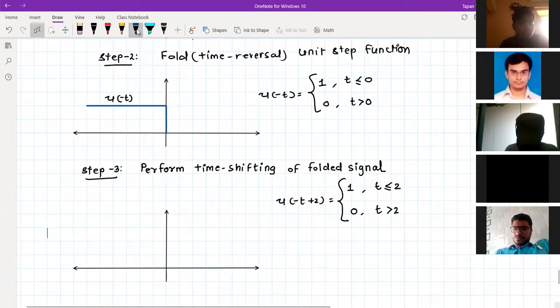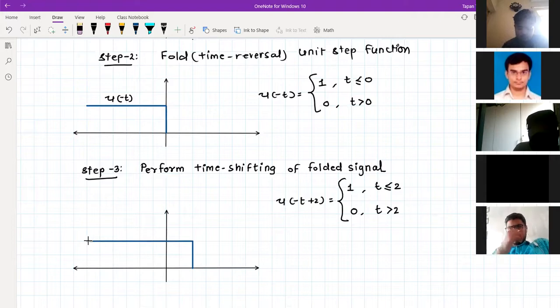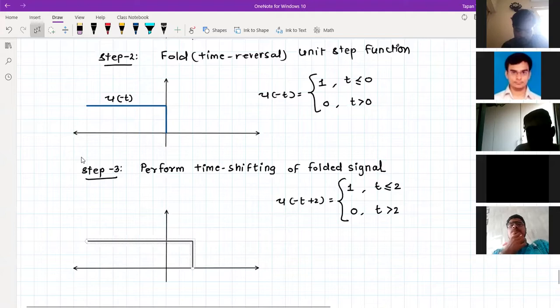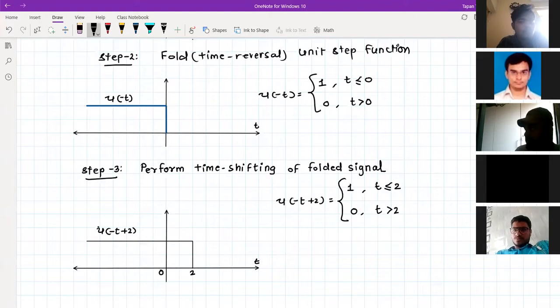So then you start with 2, and then you can go in the same direction. This is u of minus t plus 2. This is 2. This is 0. Here it is t and t. Understand?